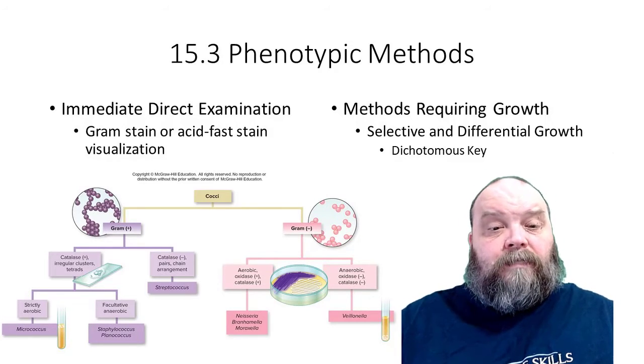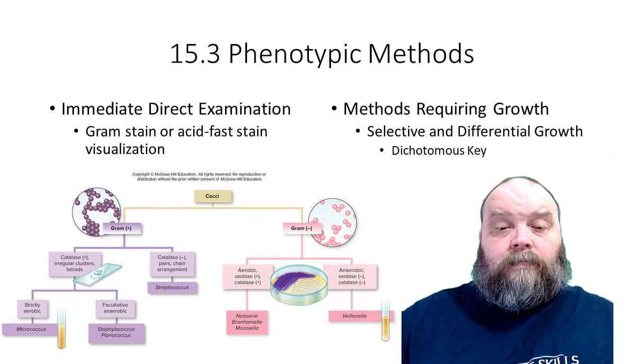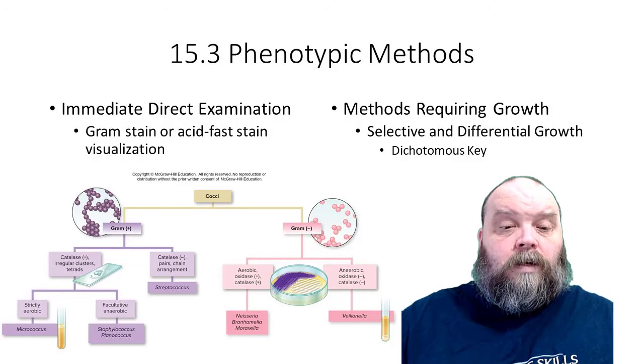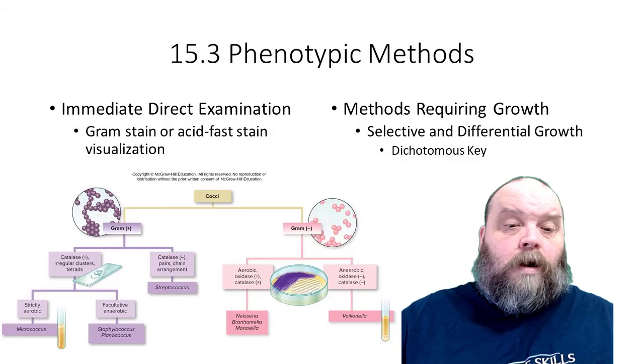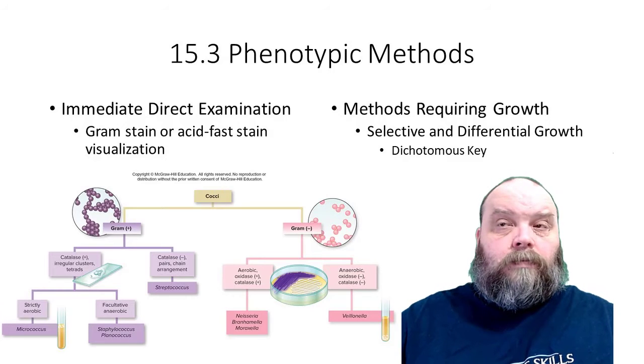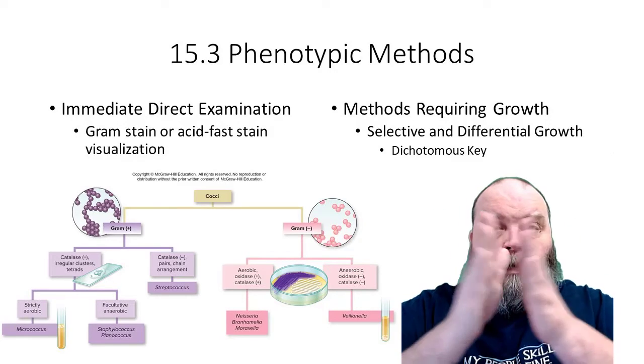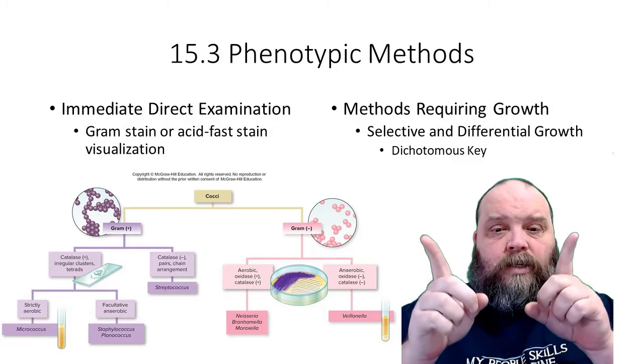It's a gram positive cocci that's catalase positive. Then you look at whether or not it's aerobic, facultative anaerobe, micrococcus, staphylococcus. And you just keep going through looking at these different branchings.